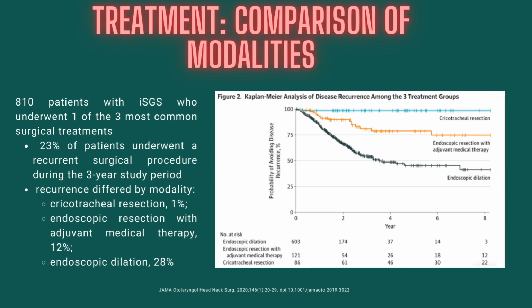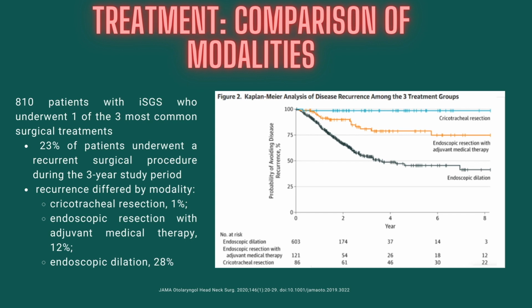As you can see in the picture on the right, the probability of avoiding disease recurrence in cricotracheal resection is extremely high. The next is endoscopic resection with adjuvant medical therapy, and then the last is endoscopic dilatation.